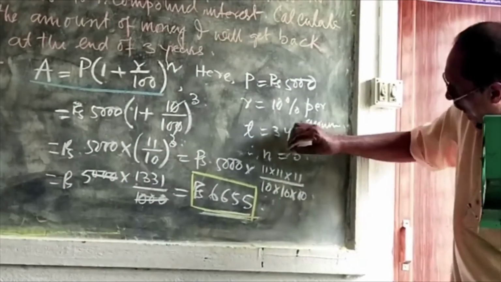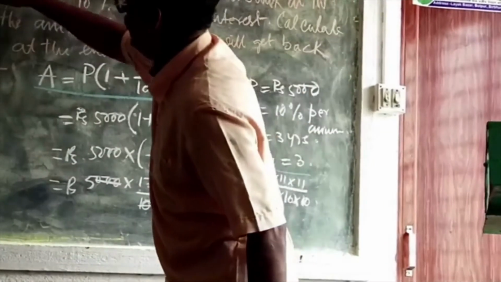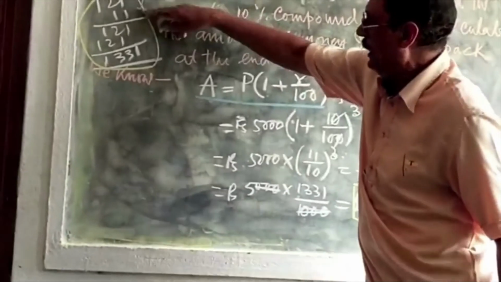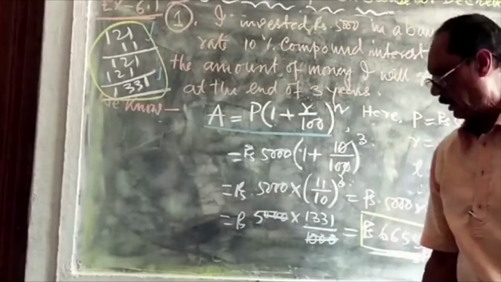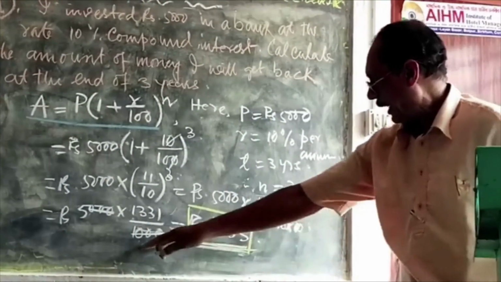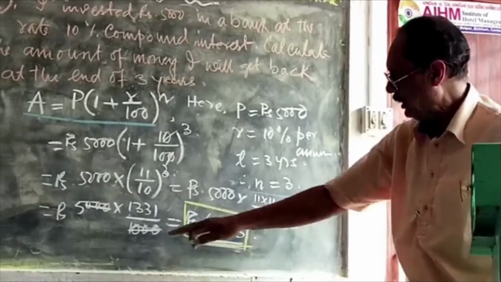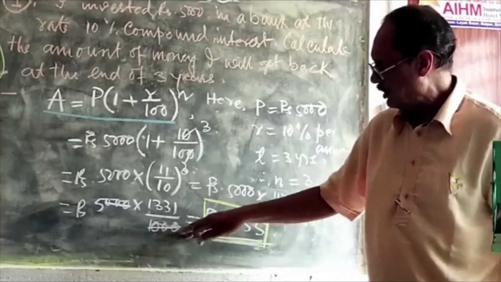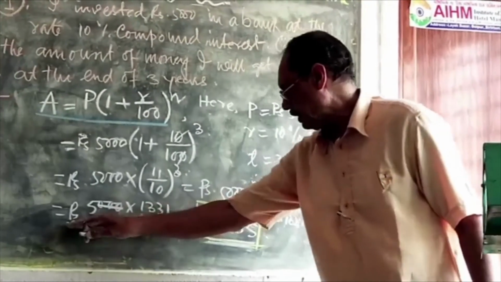Multiplying 11 into 11 into 11: 11 11s are 121, and multiplying by 11, you get 1,331. And 10 into 10 into 10 is 1,000. So the zeros cancel each other.